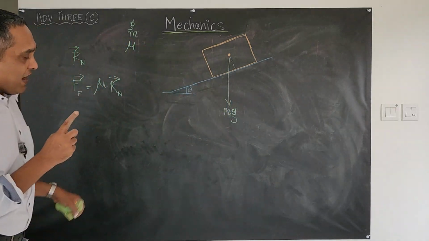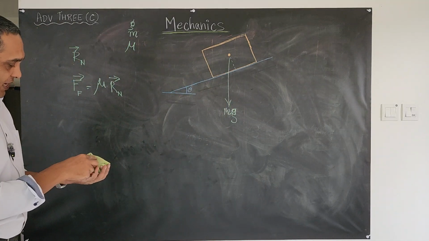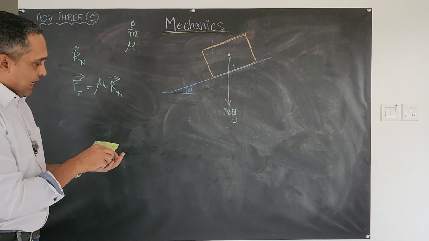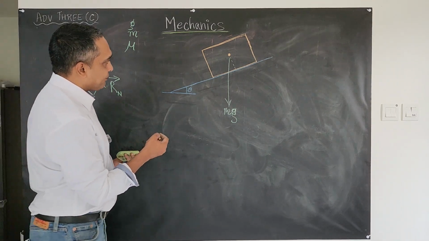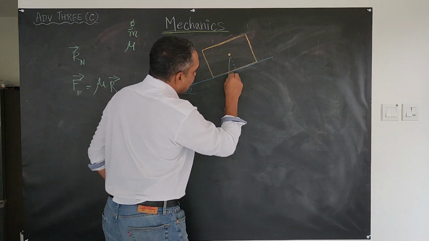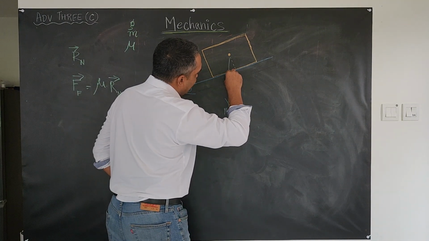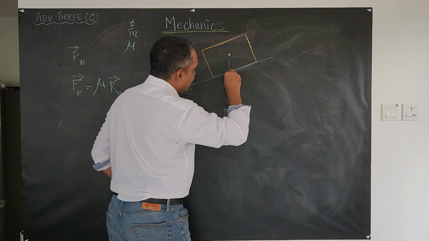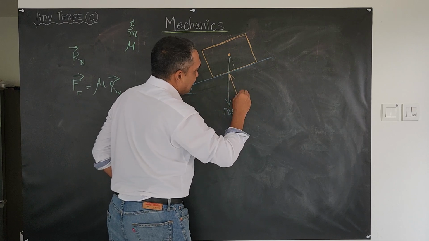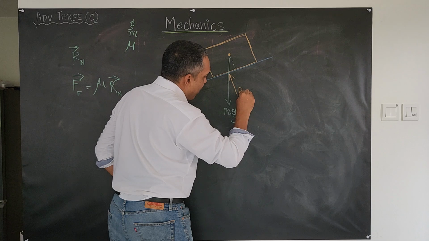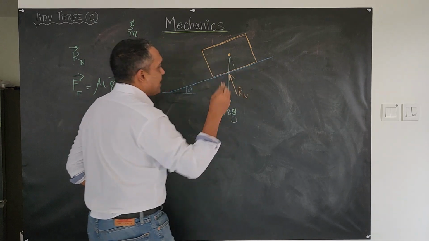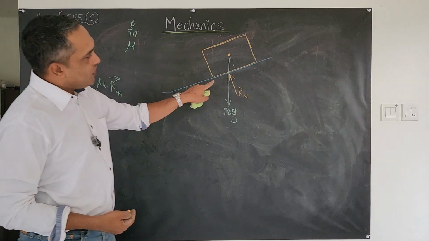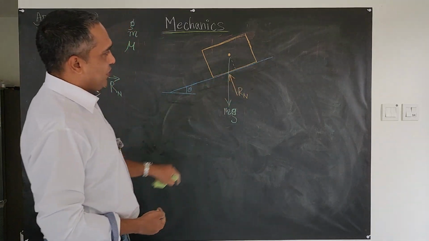So for your reactionary force, I am not going to worry about the vertical component, but I will draw the normal component and say that is where my normal reaction applies.